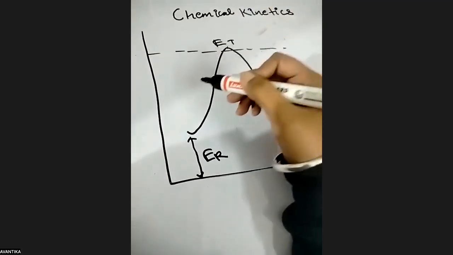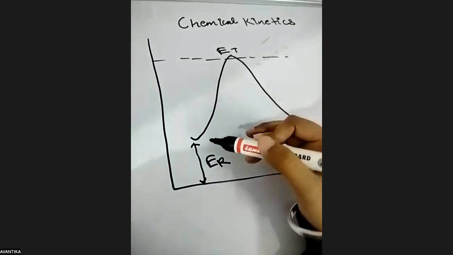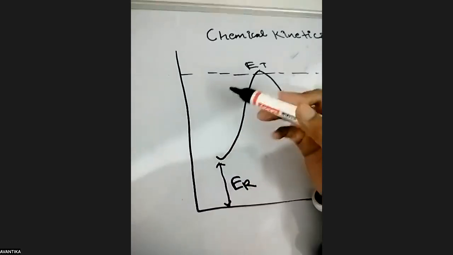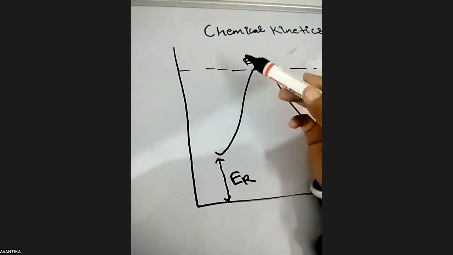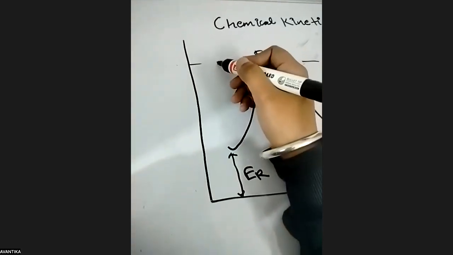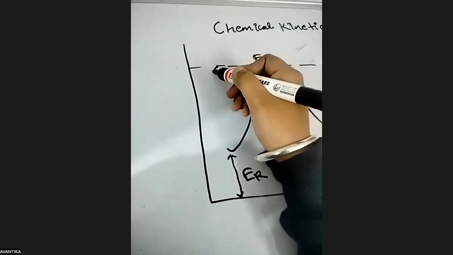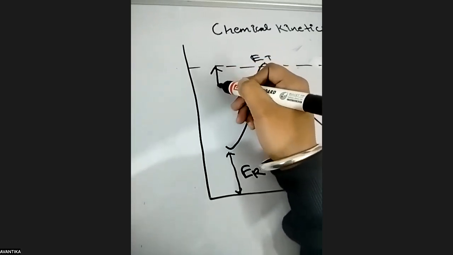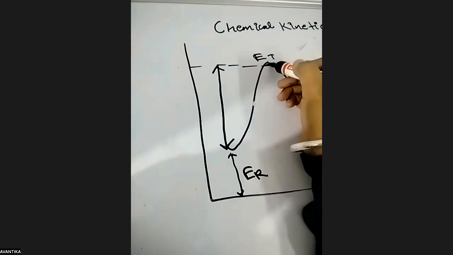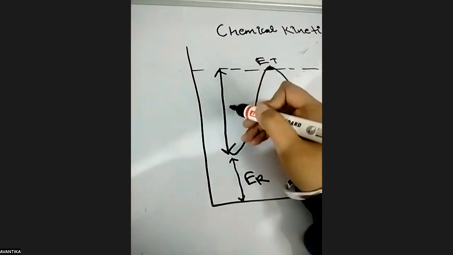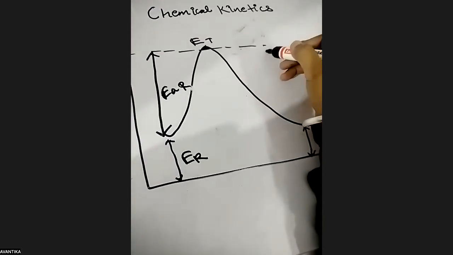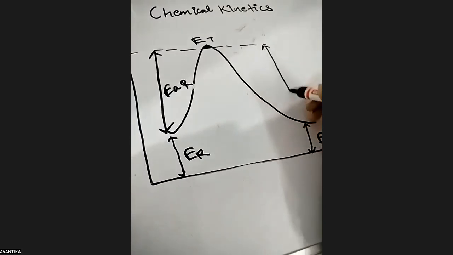The energy of reactants plus the energy of activation is the threshold energy. Therefore, activation energy is the minimum energy required by the reactants to attain this threshold value. This is the activation energy for reactants, and this is the activation energy for products.